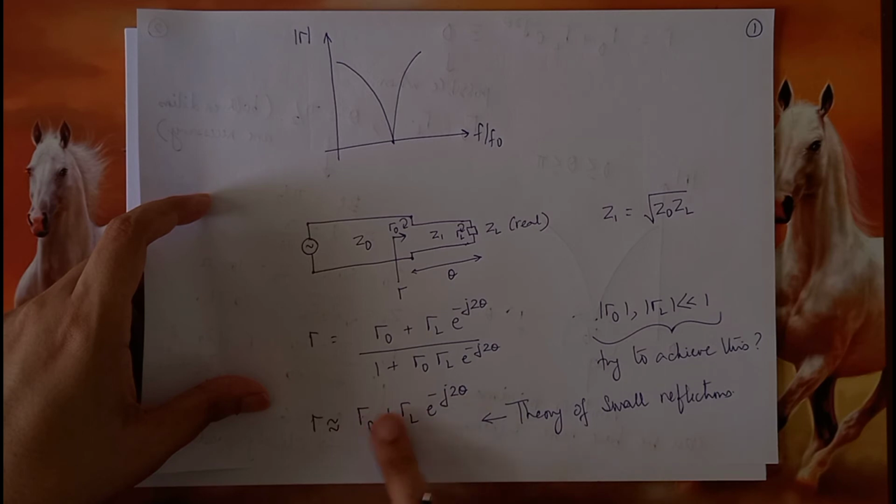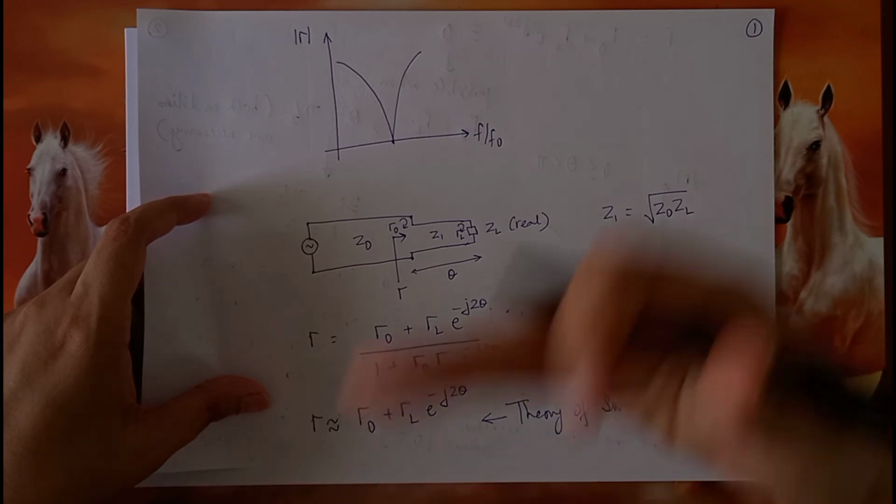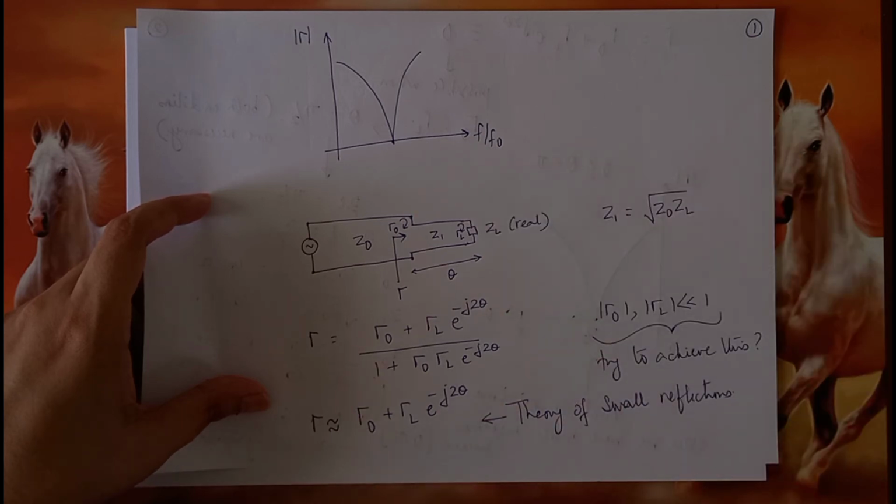So because of these two terms, we are getting one root or one minima. So if we somehow increase the number of reflection coefficients in the gamma expression, intuition tells me that perhaps it may be possible. That may be possible.